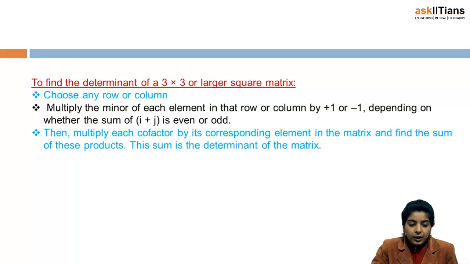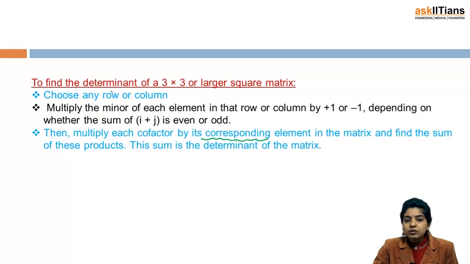Then multiply the minor of each element in that row or column by +1 or -1 depending on whether the sum of i plus j is even or odd. Then multiply each cofactor by its corresponding element in the matrix and find the sum of these products. This sum is the determinant of the matrix.